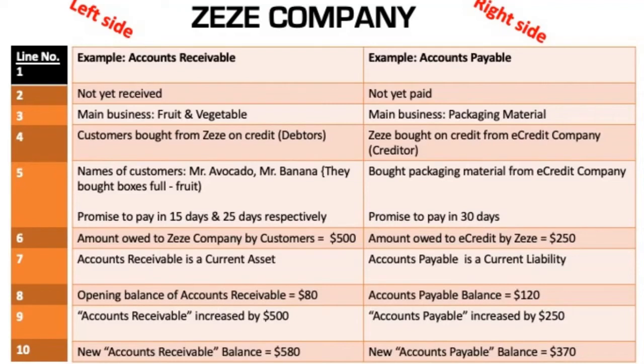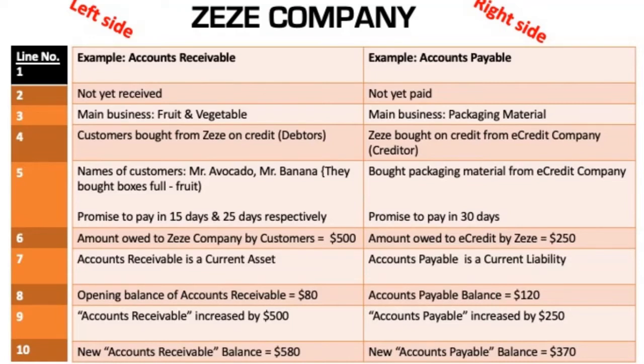Avocado says, Zeze Company, give me these boxes of fruit. I will pay in 15 days. It's acceptable. And Zeze Company gave boxes of fruit to Mr. Avocado. In the 15-day period, Zeze Company is expecting the payment from Mr. Avocado.